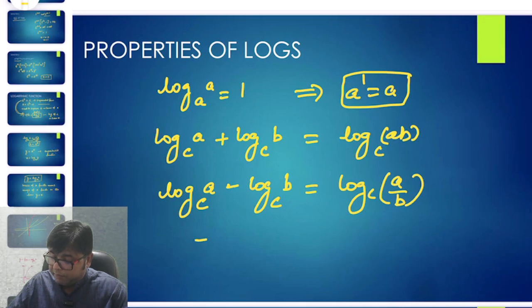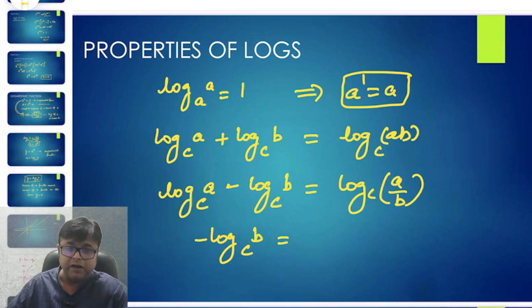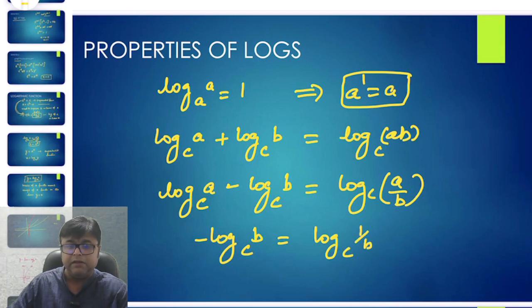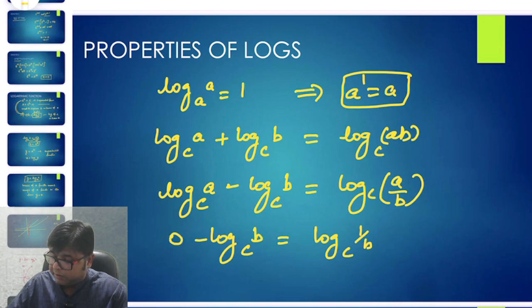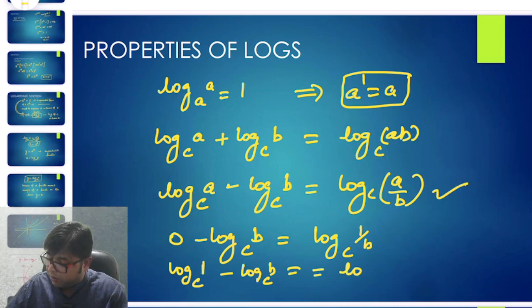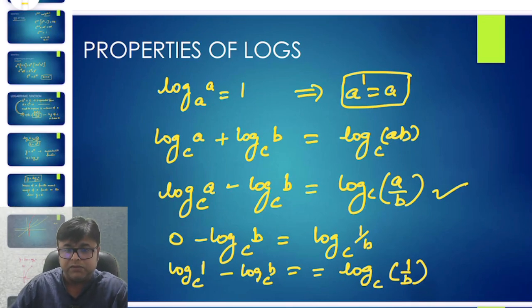Also, minus log b in base c is log 1 by b in base c. If I put a 0, since log 1 in any base is 0, I can write it as log 1 minus log b in base c, and applying this property gives log 1 by b.